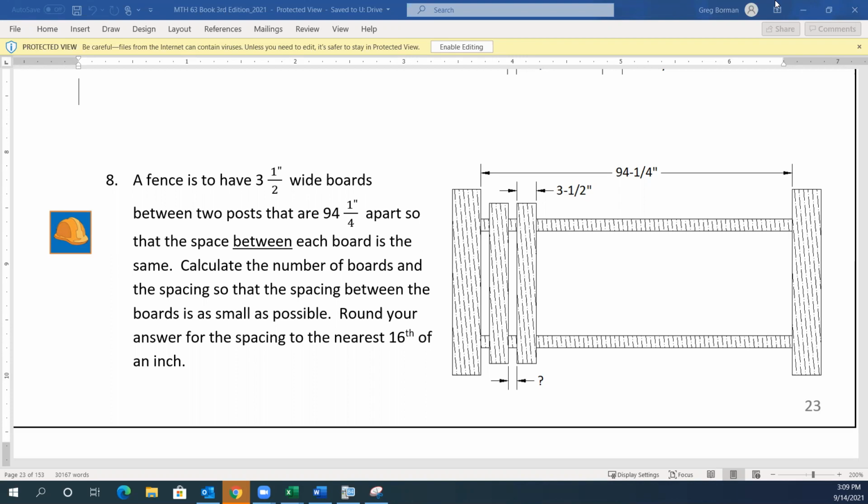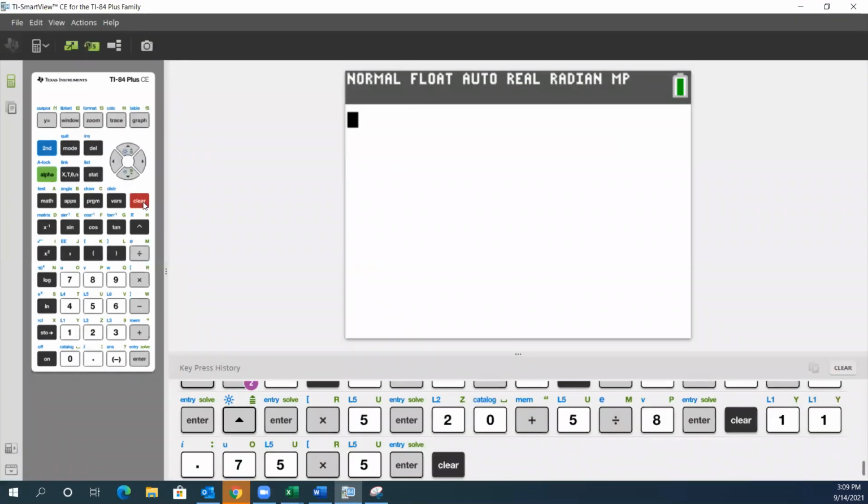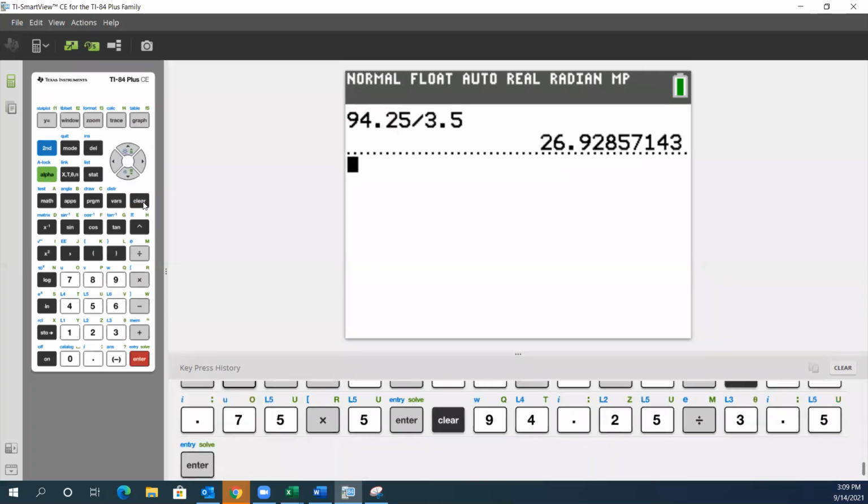Well, I'm going to go to my calculator. So we've got 94 1/4 inches to play around with. And we're going to chop that up or divide that up into 3.5-inch segments, or 3.5-inch wide pickets. So it looks like we can fit 26.9 boards in between.